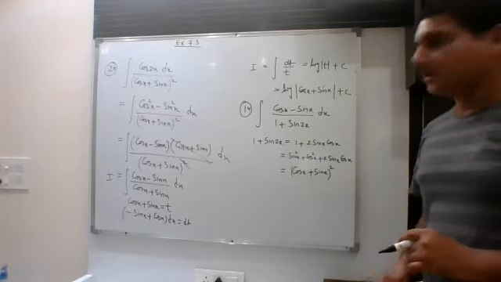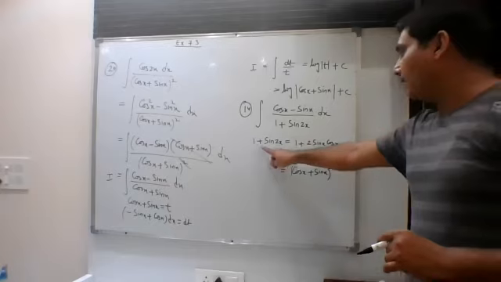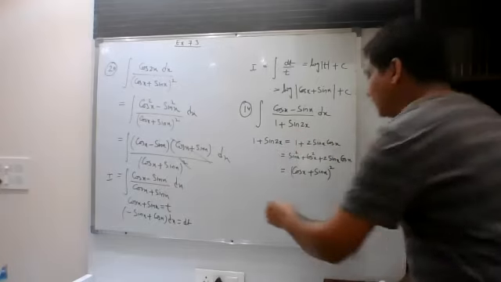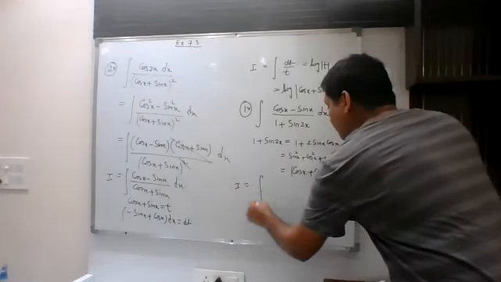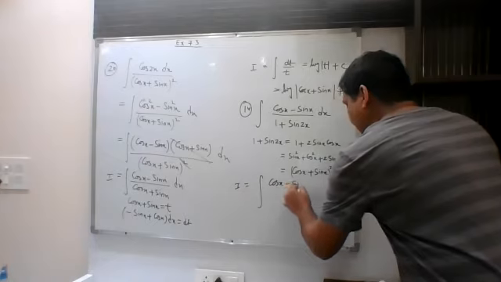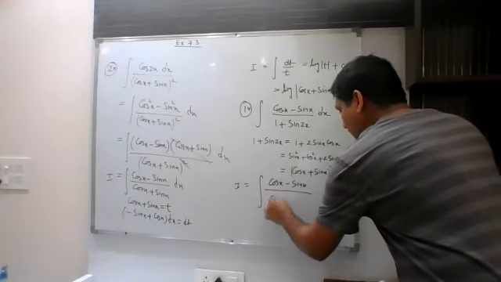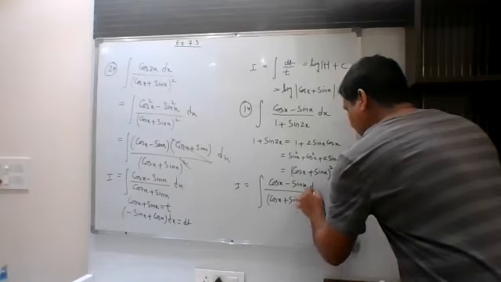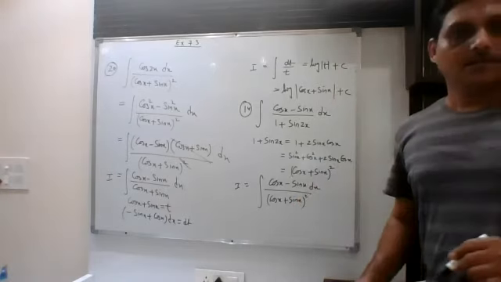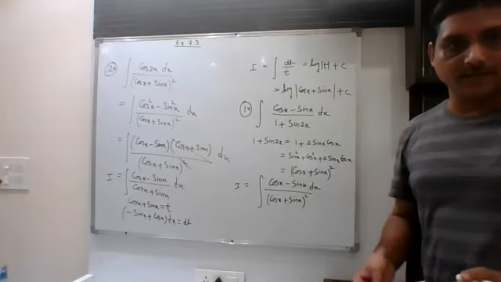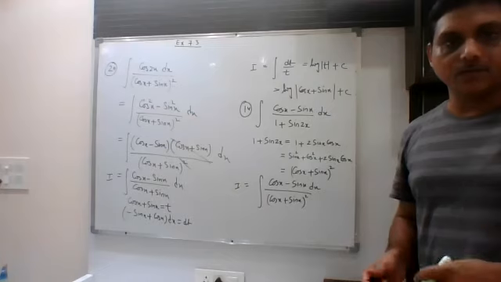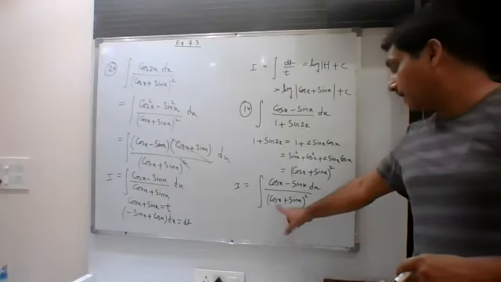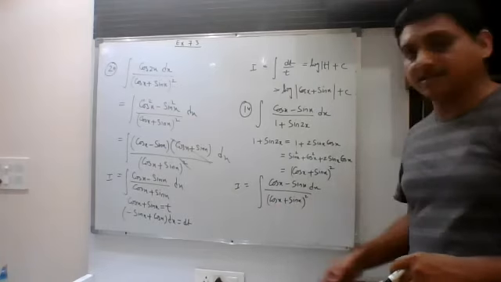Now after this, we'll substitute the value of 1 plus sin 2x here. So your question will change to cos x minus sin x upon (cos x plus sin x) square. Easily you can visualize that this question is diverted to the substitution method. We can put cos x plus sin x as t.